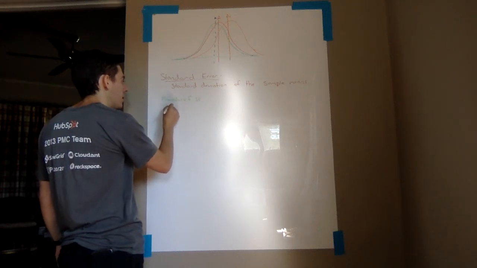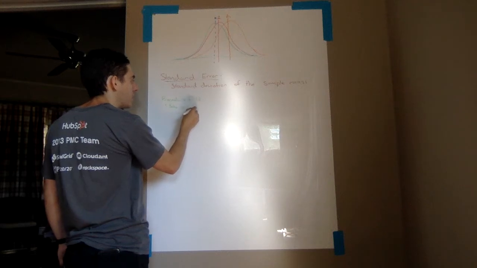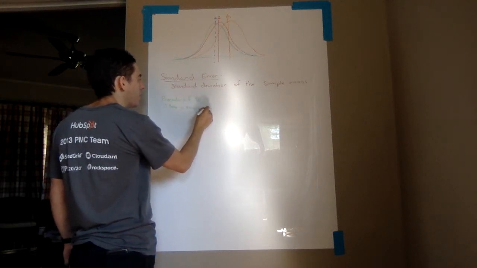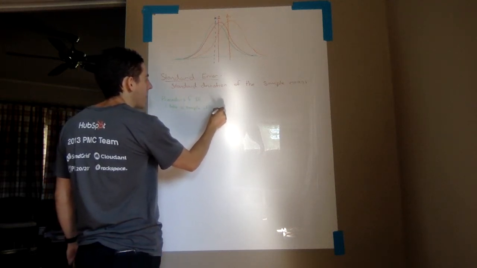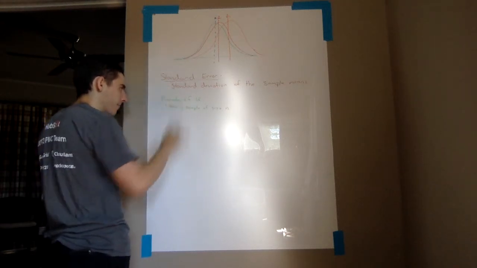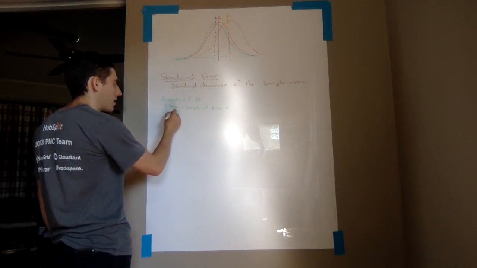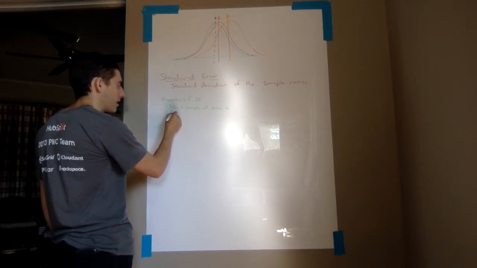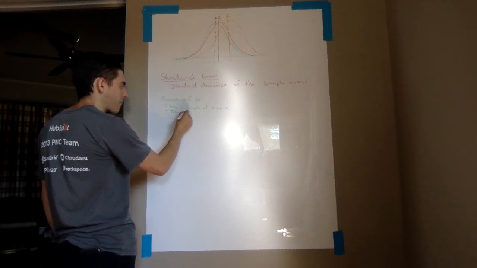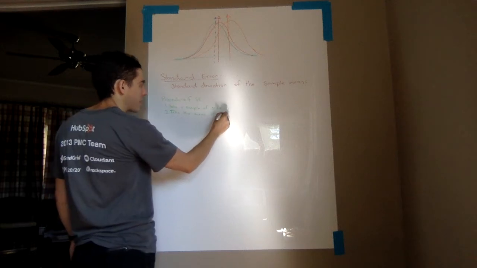One, take a sample of size n, where we could set n to whatever we want, but it has to be the same for running through this whole procedure. Two, take the mean of that sample.